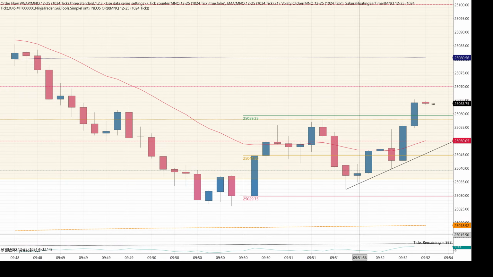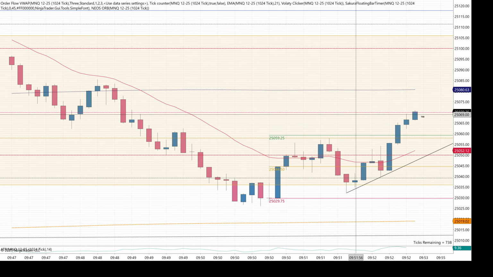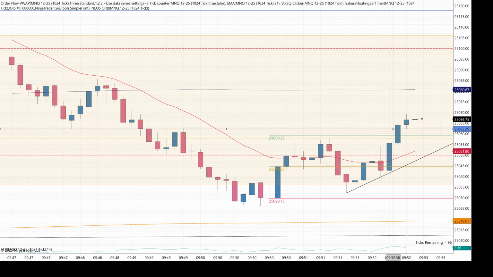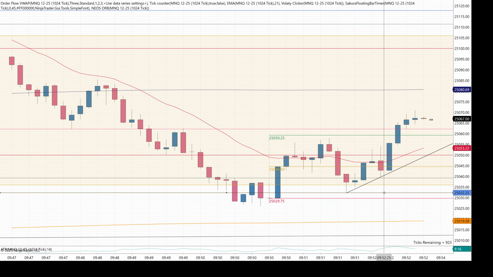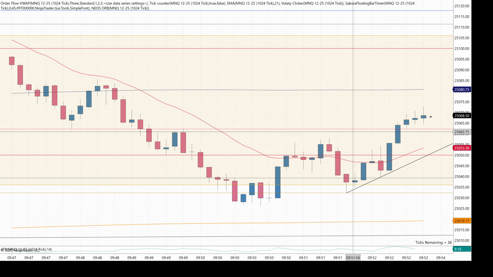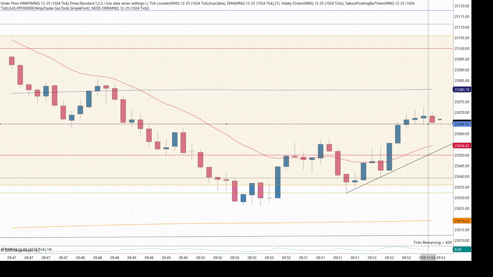Okay, we hit the bullish. We hit the bullish target. Runner is up here. Golden ruler moves down. It's very choppy.